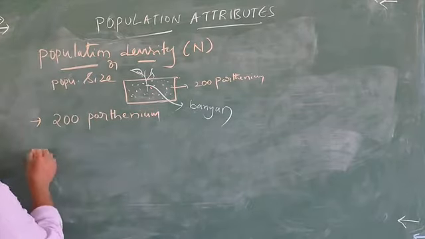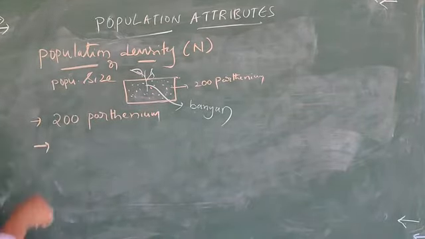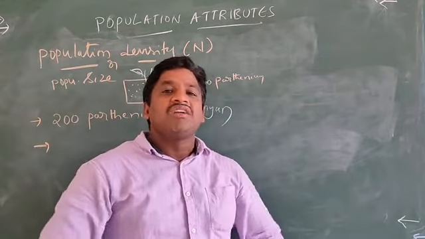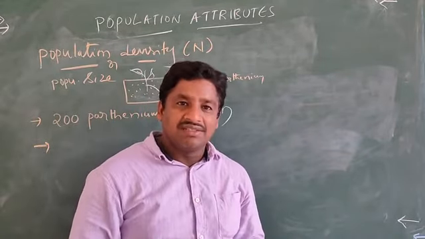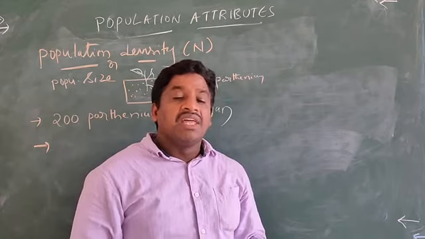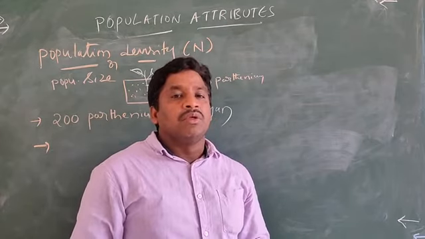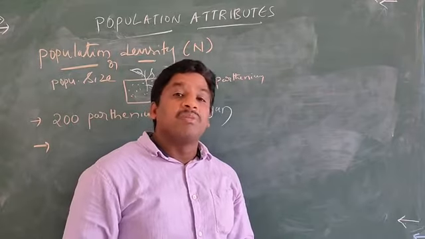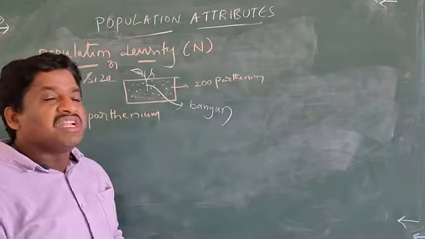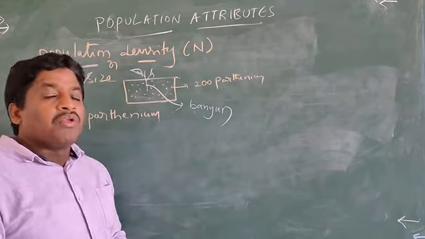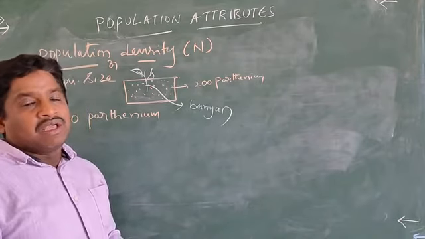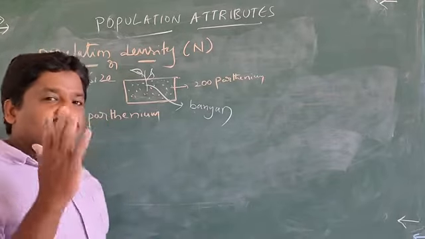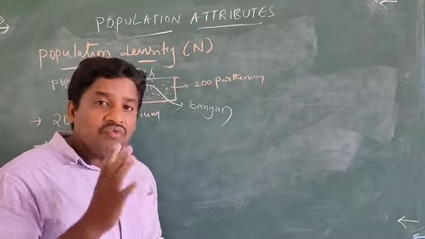Next, one more example. Sometimes absolute density does not give a better result. The relative density gives the best result. Sometimes the absolute density does not give better results, and relative density serves well.